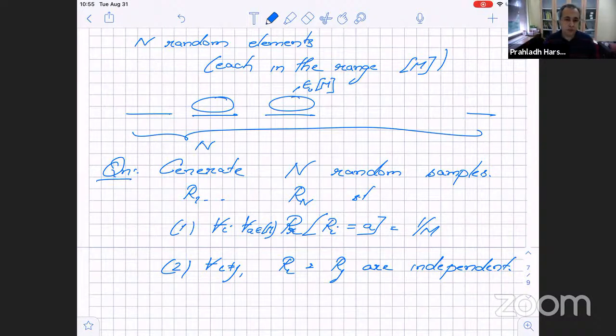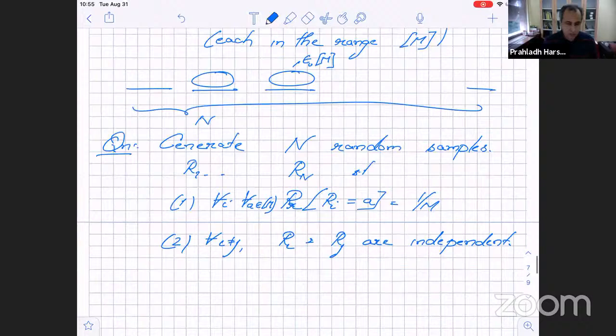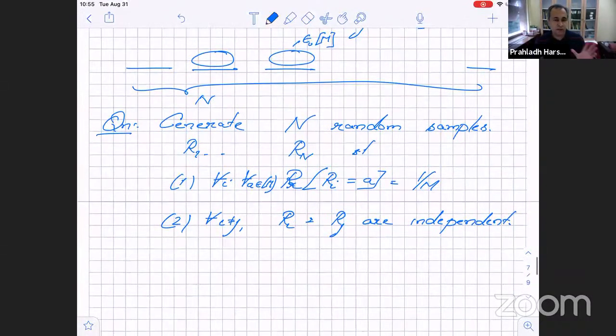So that's the goal. Let's see if we can construct this. Is the problem clear?